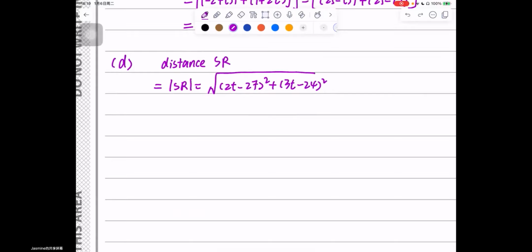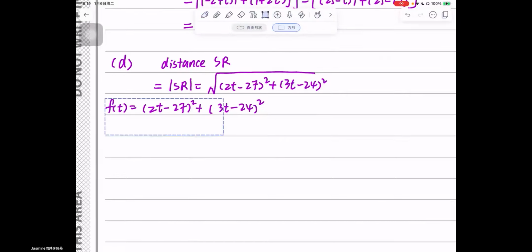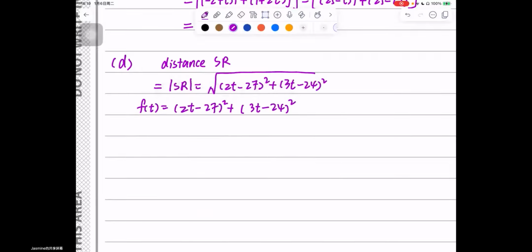So what we do is we first square it to make this one, and we call it f(t). The minimum of this function is also the minimum distance.